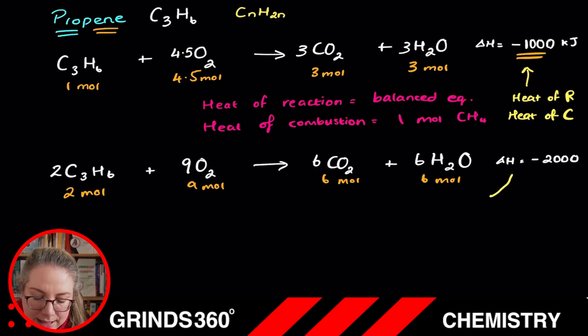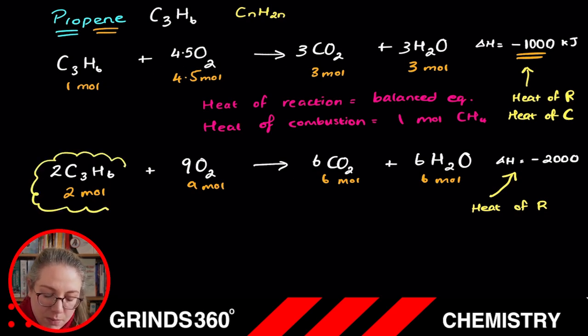Now here, the delta H that's written on the right-hand side represents the heat of reaction because it's based on the balanced equation that's given in the question, but it is not the heat of combustion. In this case, this is for the combustion of 2 moles of propene. If I wanted to say what the heat of combustion was, I would need the energy released for 1 mole of propene.